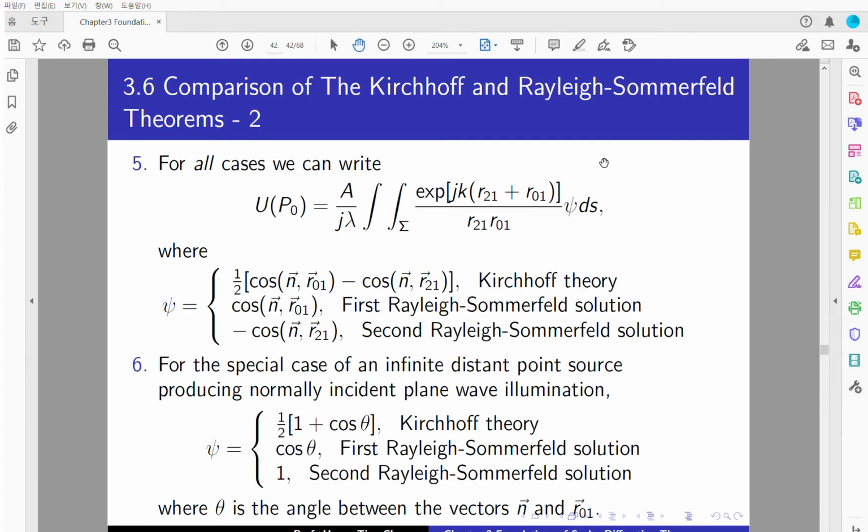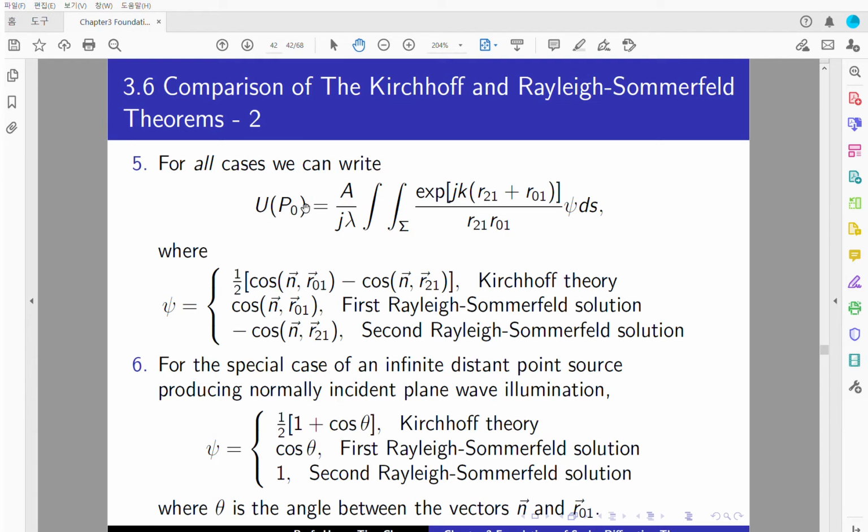So as you might recall, one of the field components of U at P0 is expressed as an integral of this function integrated over the aperture.